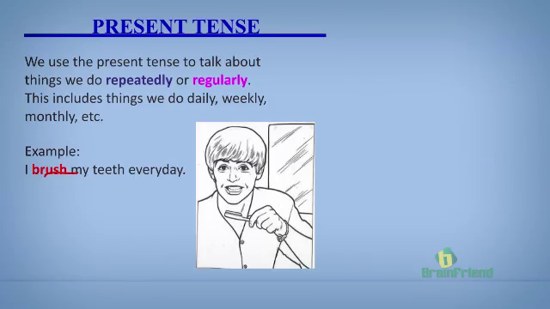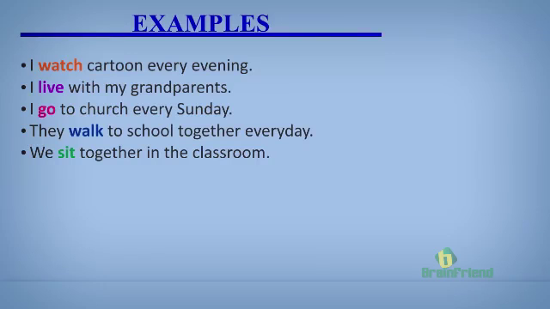Remember our first example. I brush my teeth every day. Brush is used in its main form. We did not add or remove anything. Now let's look at more examples. I watch cartoon every evening. I live with my grandparents.